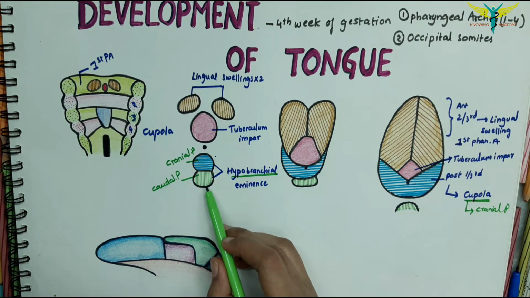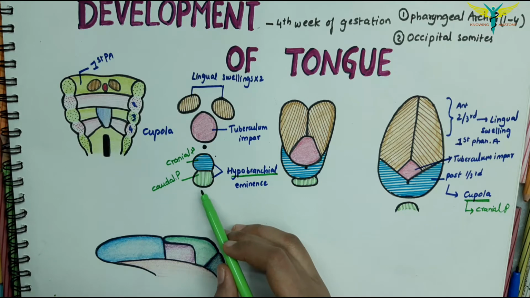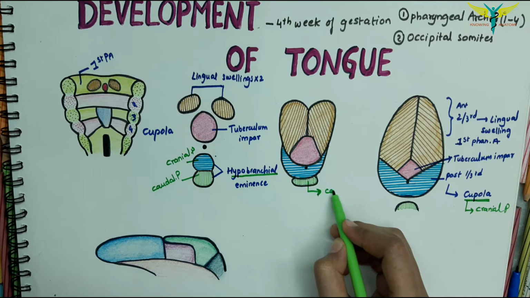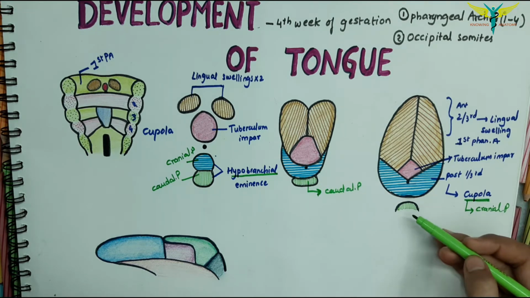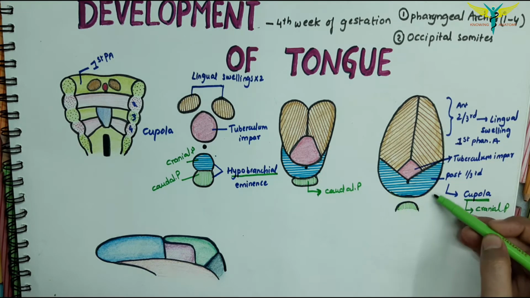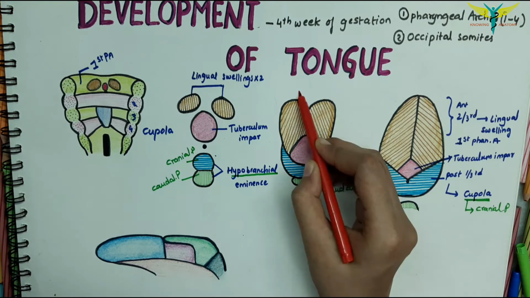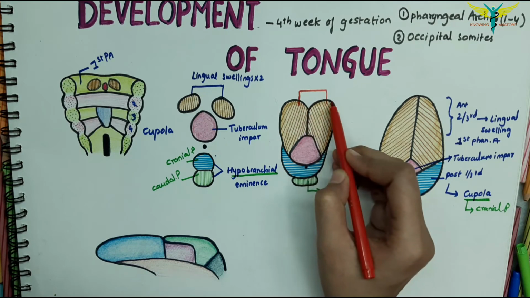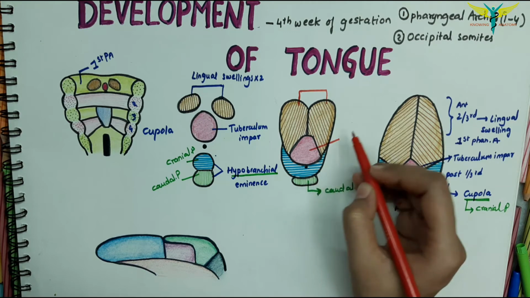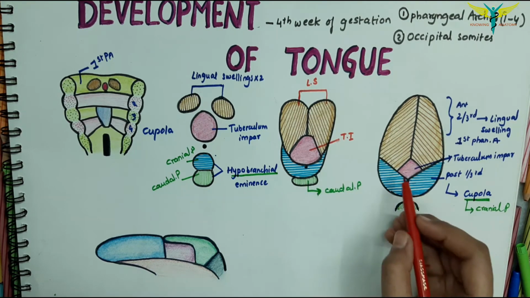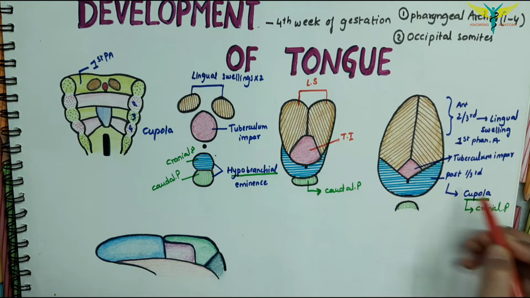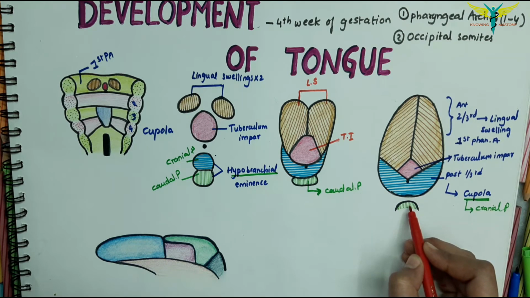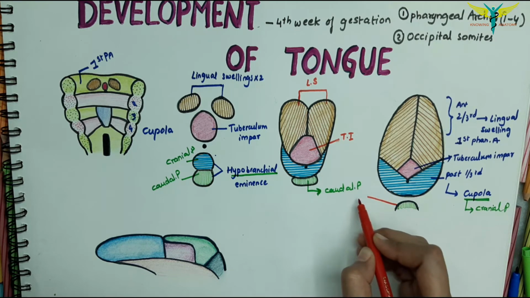The caudal part forms the posterior most part of the tongue and some of the epiglottis. So the anterior 2/3 of the tongue is formed by the lingual swellings and the tuberculum impar, the posterior 1/3 by the cranial part of the hypobranchial eminence, and the posterior most part by the caudal part.